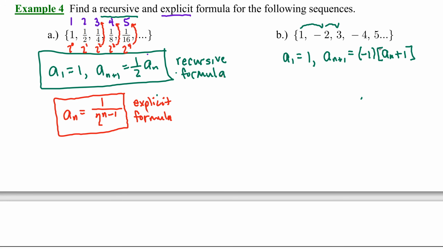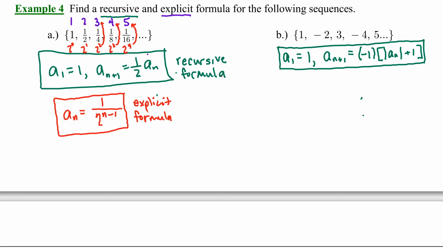And let me be very careful here. Let's get absolute value bars around that a sub n. So again, to generate each term, I take the absolute value of the previous term and I add 1 to it, and then I'm going to multiply it by -1, and that causes the sign to alternate. So that is our recursive formula for this one.